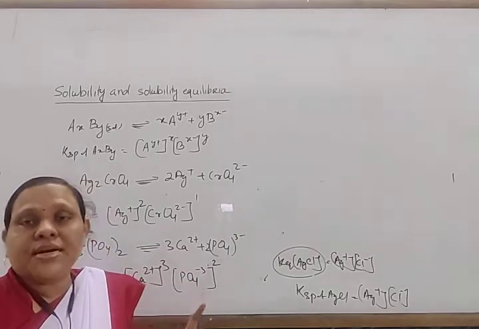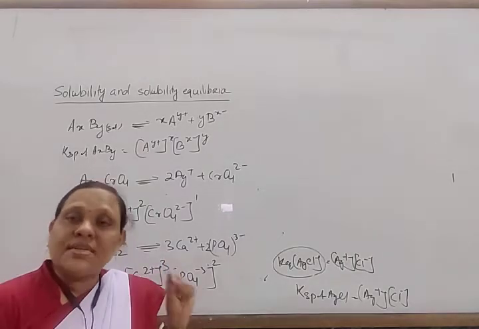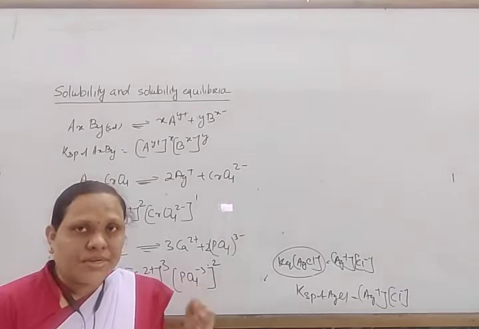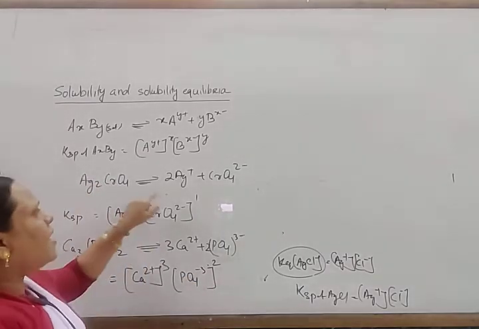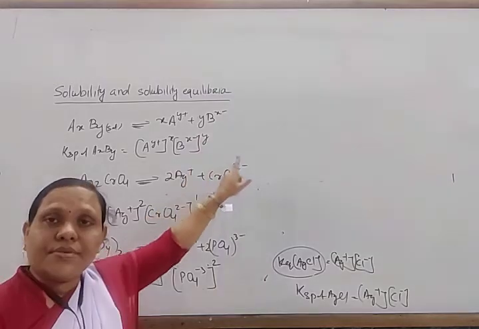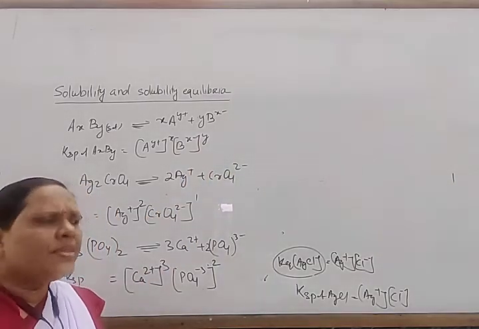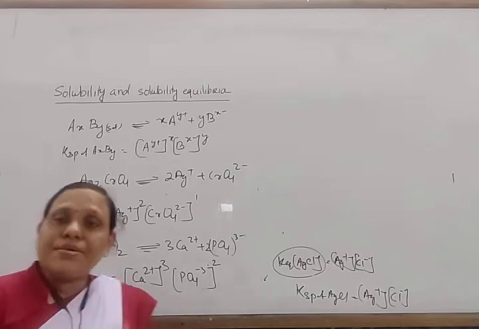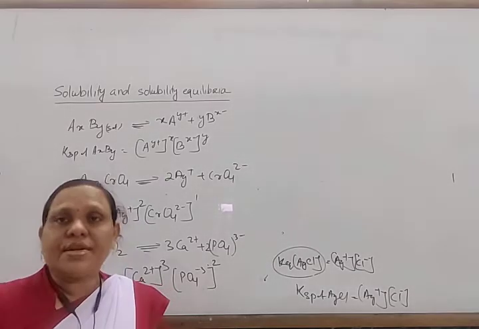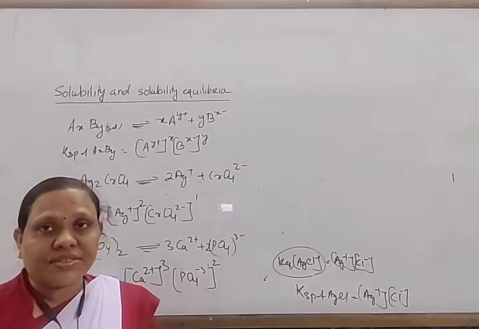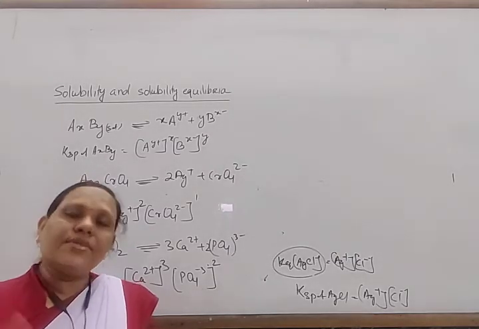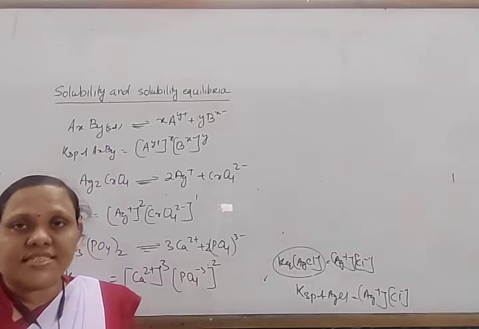It is very important that the solubility product is generally considered at saturated condition. Solubility product is a constant for a particular salt at a particular temperature. If the temperature increases or decreases, then the solubility product value changes.